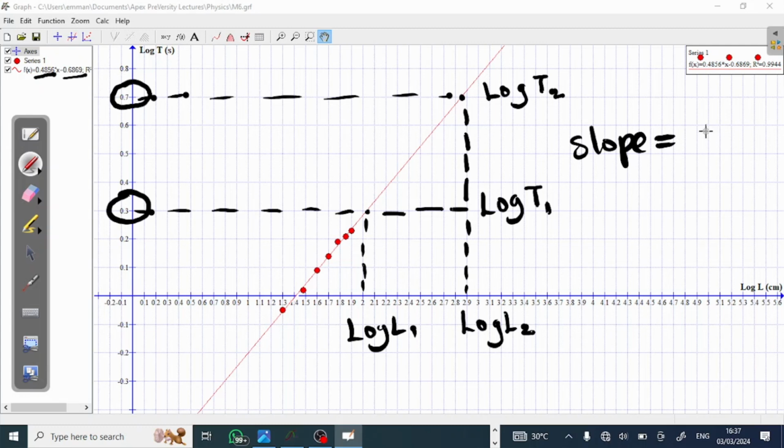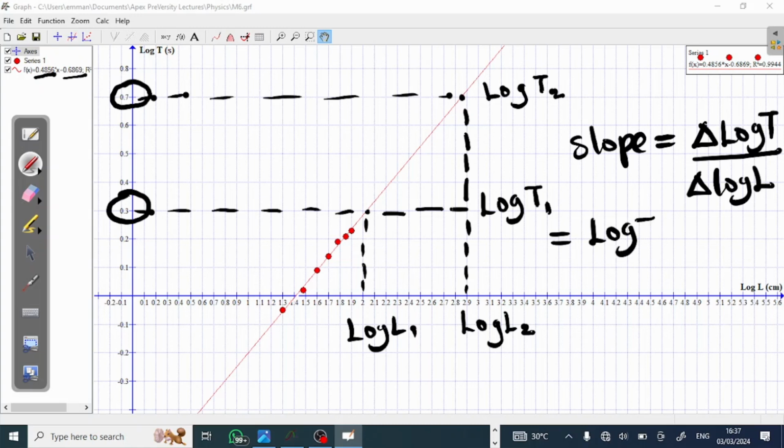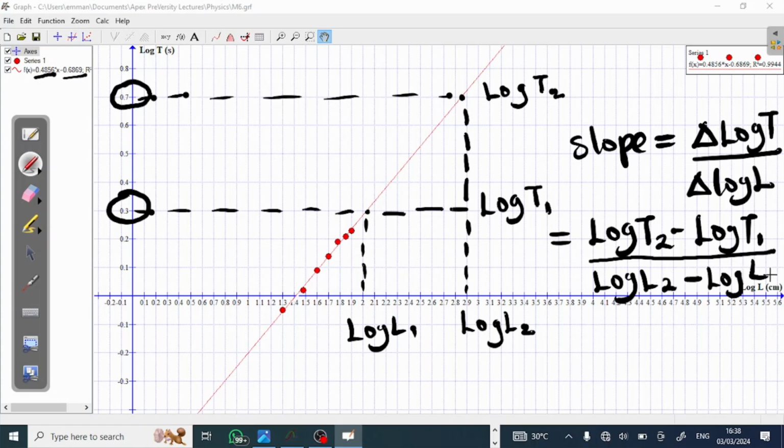So my slope will be equal to change in log t all over change in log L, and that will be equal to log t2 minus log t1 all over log L2 minus log L1. So you just collect the values.